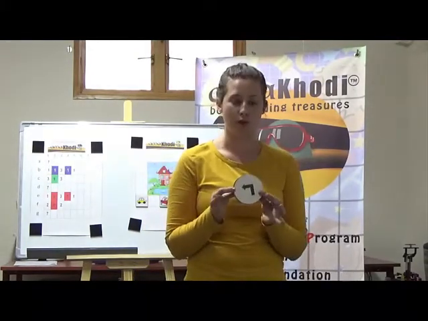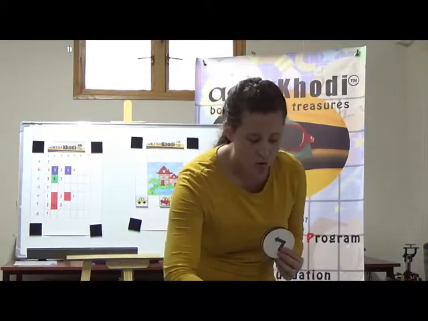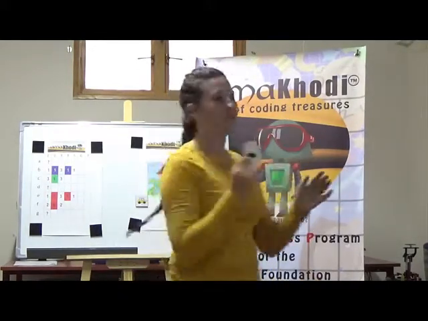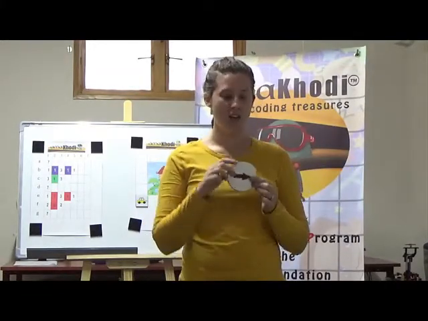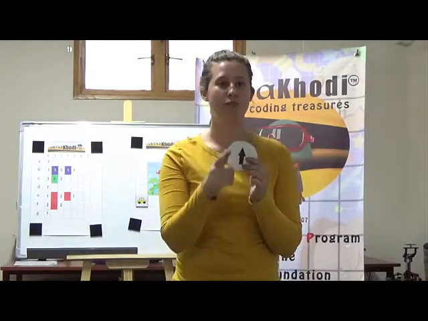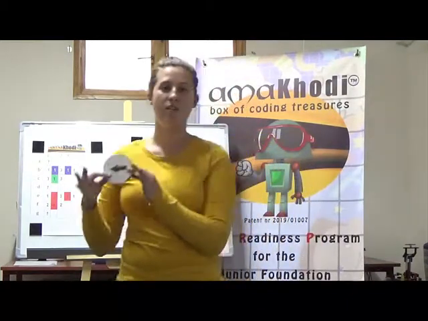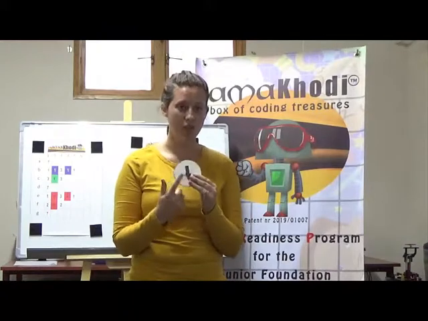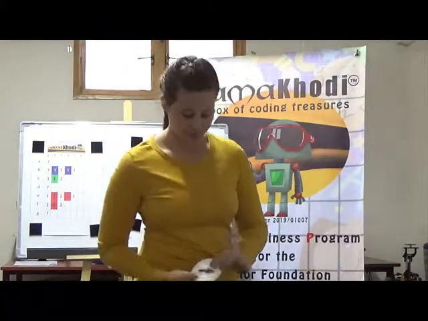So when we turn, we're going to use the arrow. When we go right, we point the arrow to the right. When we go up, or walk to the front, we point the arrow up. If we go left, you show the arrow left. And if you go back or down, then you show the arrow down.